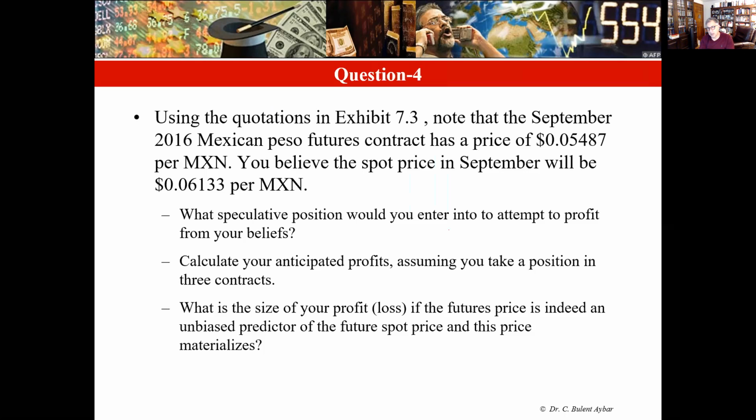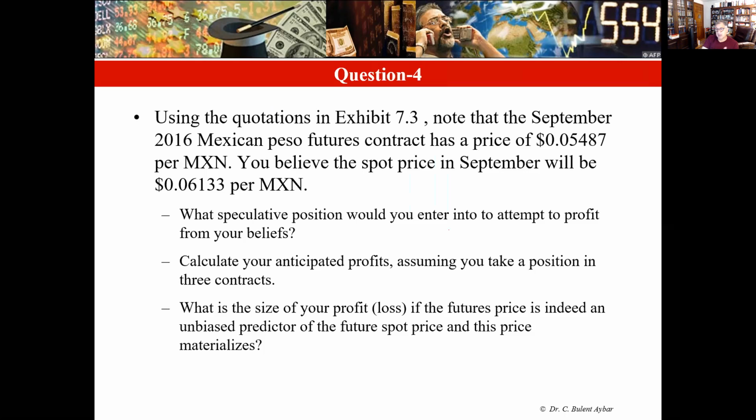So I can actually set up a speculation with the belief that the spot price of peso is going to be larger than what the futures price is suggesting.